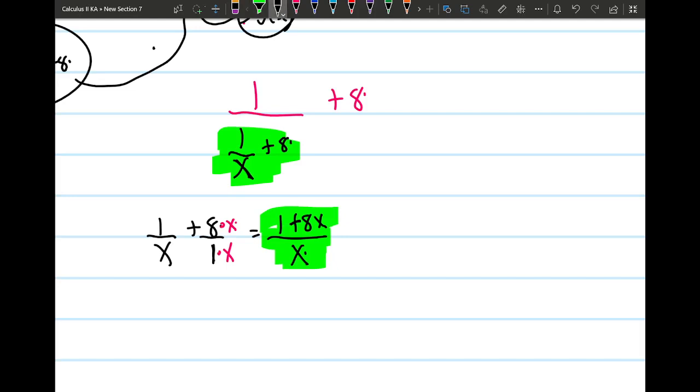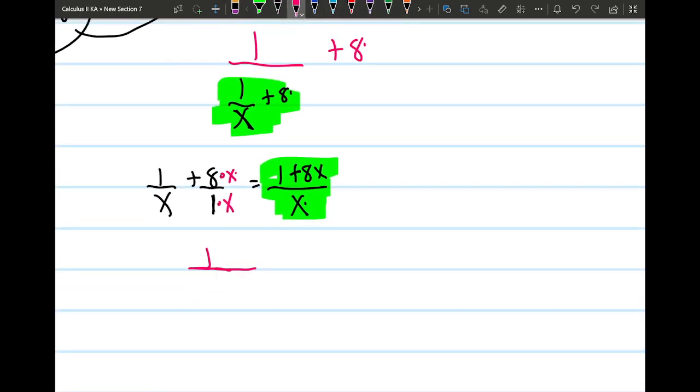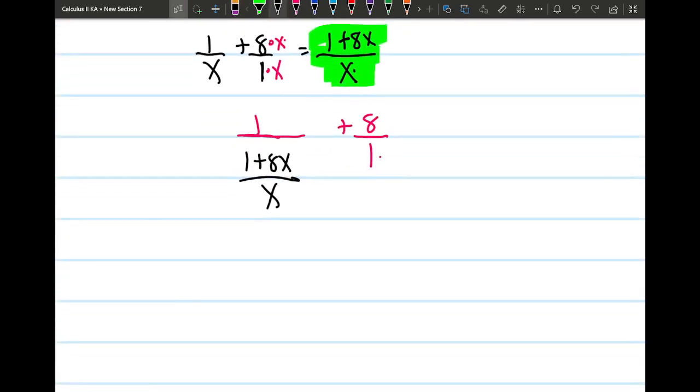Okay. And now, almost there, we're going to have 1 over 1 plus 8x over x, and then plus 8 over 1. So we still need to simplify that expression.